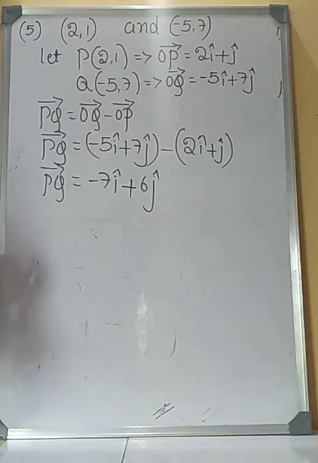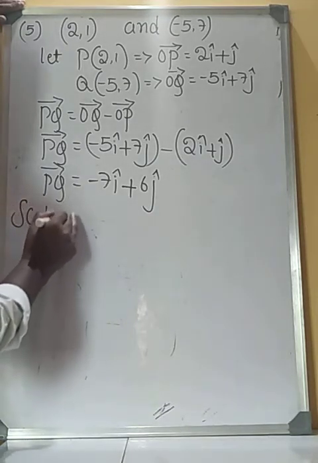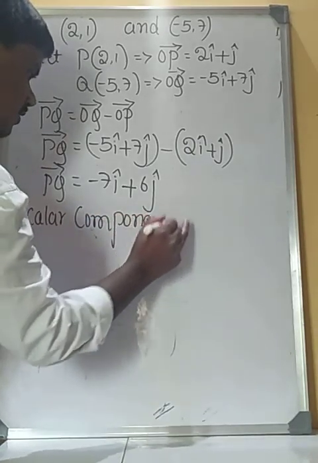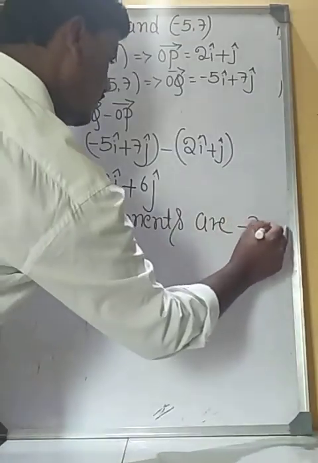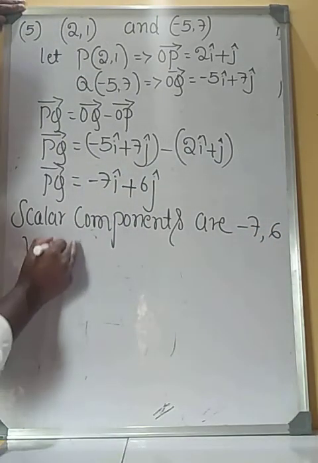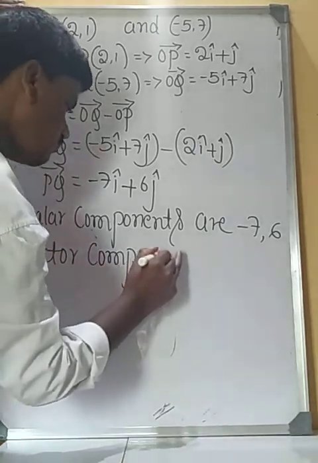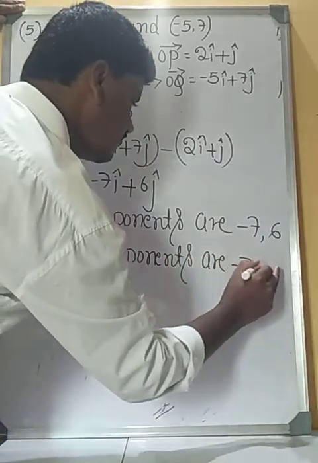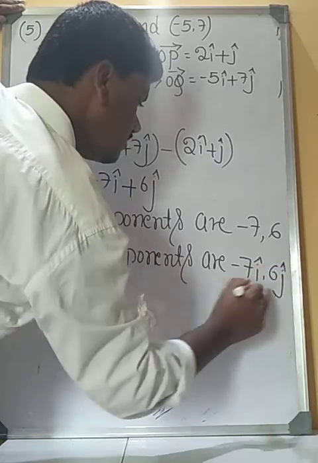So therefore, scalar components are -7 and plus 6, and vector components are -7i and 6j.